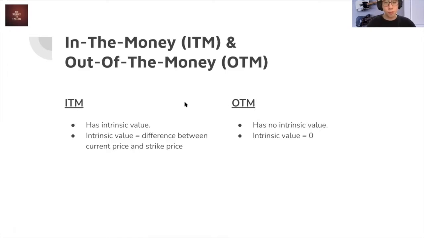So for the in the money, if the option is in the money, you have an intrinsic value. Intrinsic value is based on the difference between the current price and the strike price.